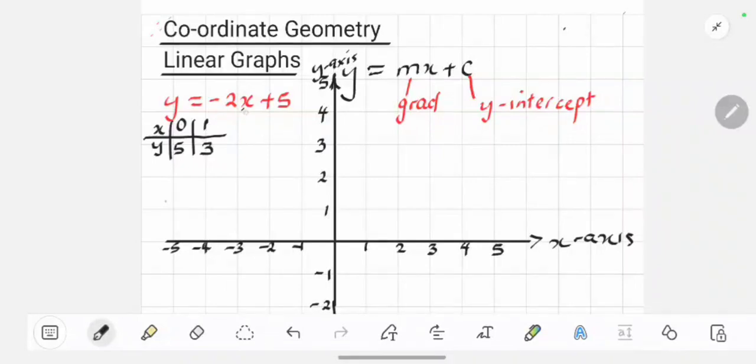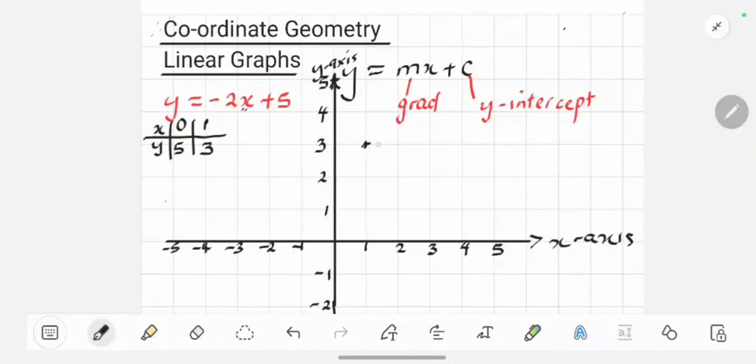So when x is equal to 1 here, y is equal to 3. So now going to my Cartesian plane, I am going to plot these points. I have got 0, 5. Here is 0, 5. This is the point. Then from there we have got 1, 3. 1 for the x-axis, then 3 for the y.